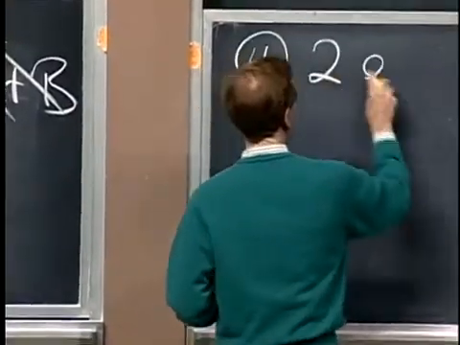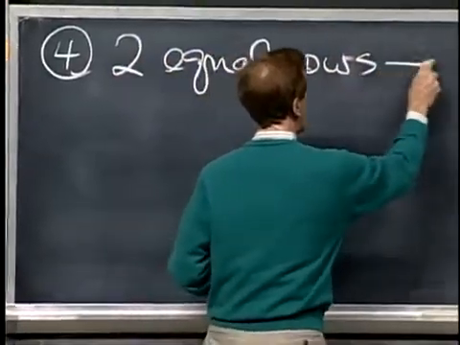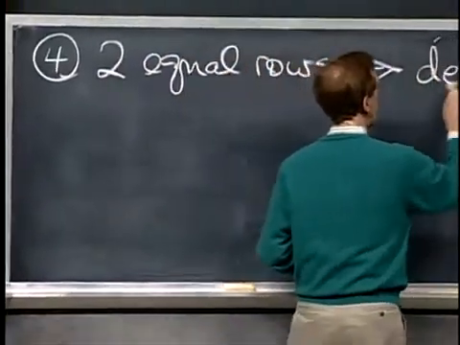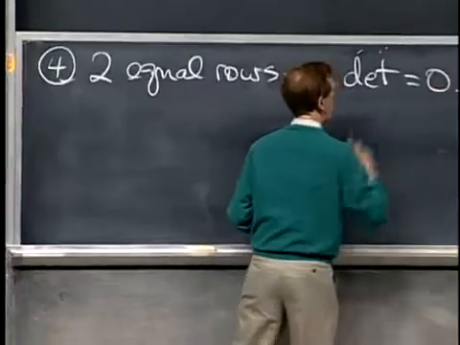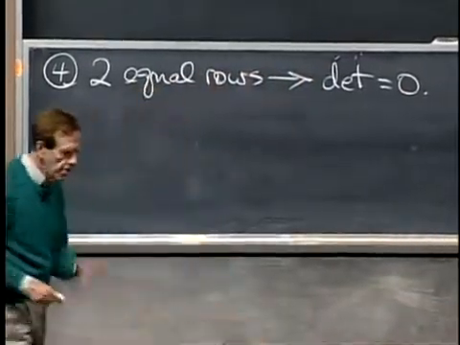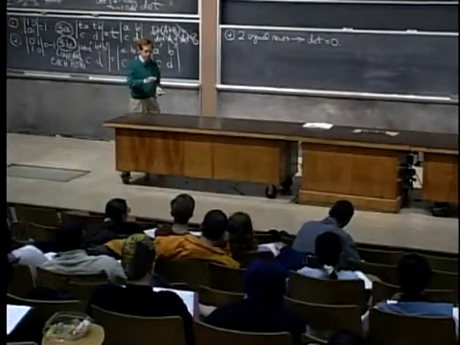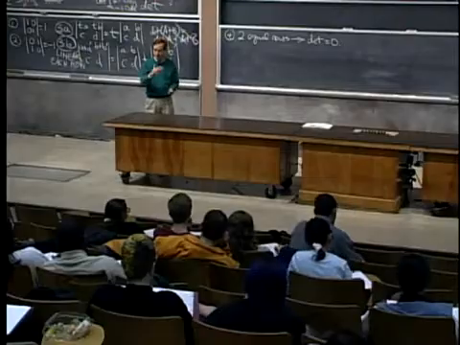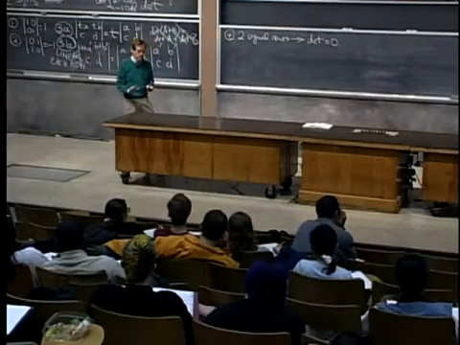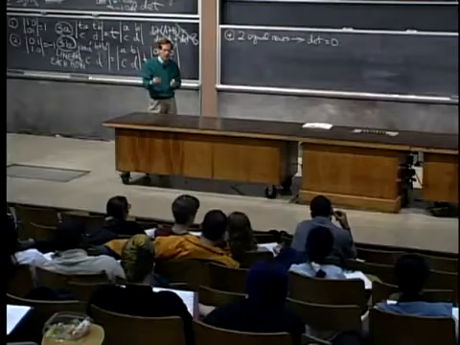Two equal rows lead to determinant equals 0. Of course, in the 2 by 2 case, I can check that the determinant of AB comes out 0. But I want to see why it's true for n by n.